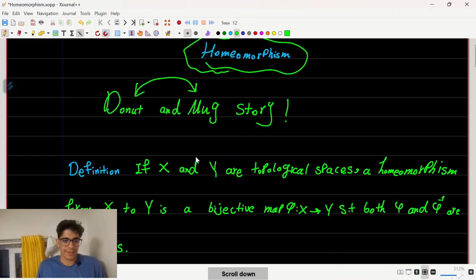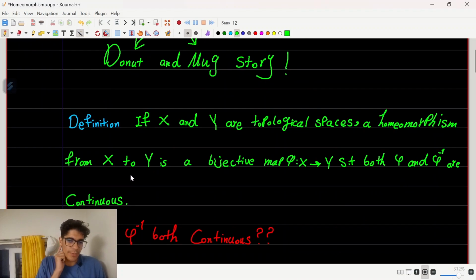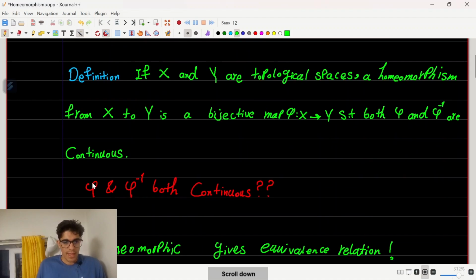So we have the definition of homeomorphism right here. X and Y are topological spaces. A homeomorphism from X to Y is a bijective map phi from X to Y such that both phi and phi inverse are continuous.